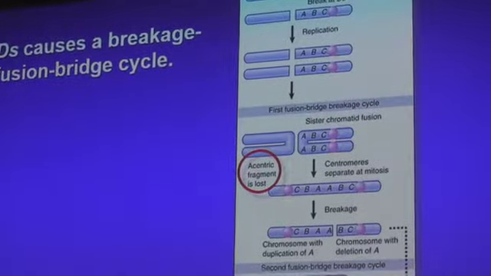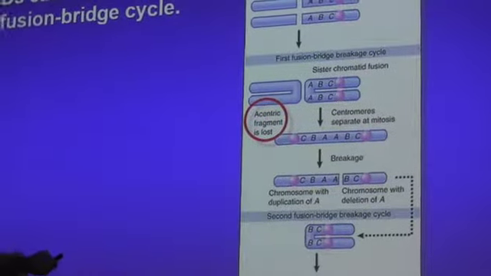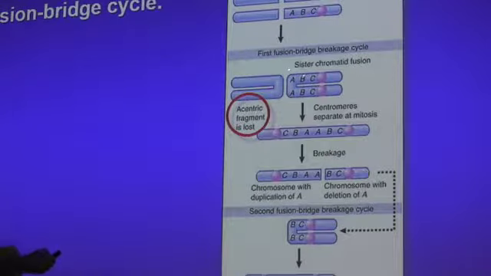Sometimes it's got 2 ends, it goes, okay, no homology, all I need is Ku80 and Ku70 to bind to those ends and I can put anything together. And so it'll misrepair. Instead of attaching this to that, it'll fuse it to itself.